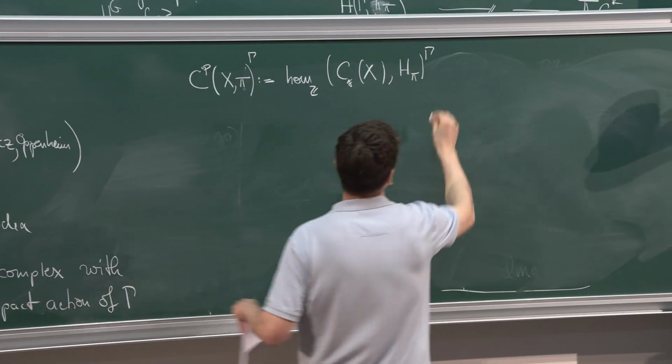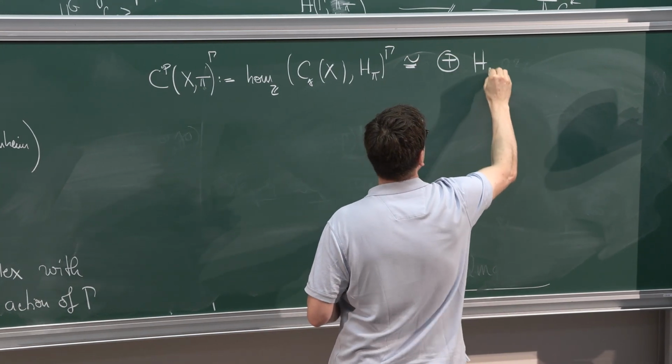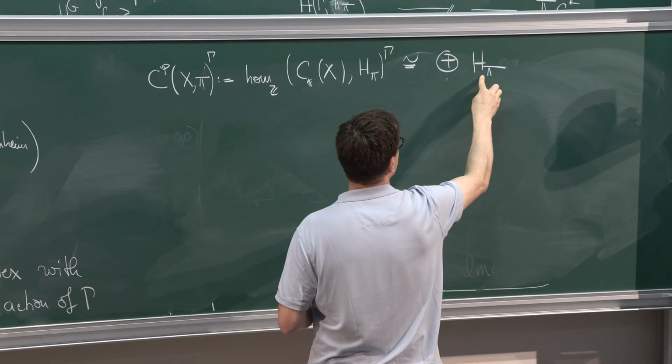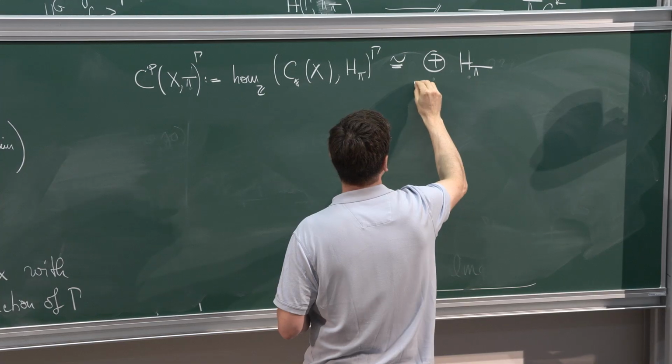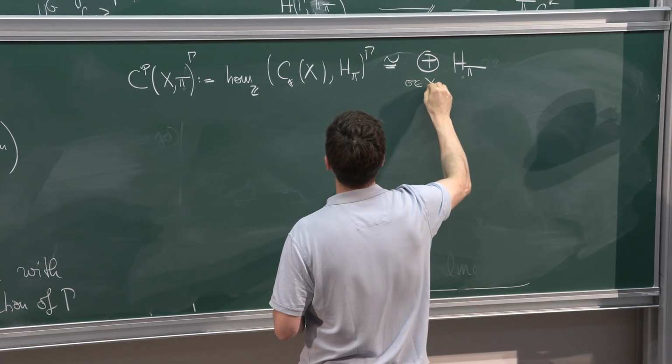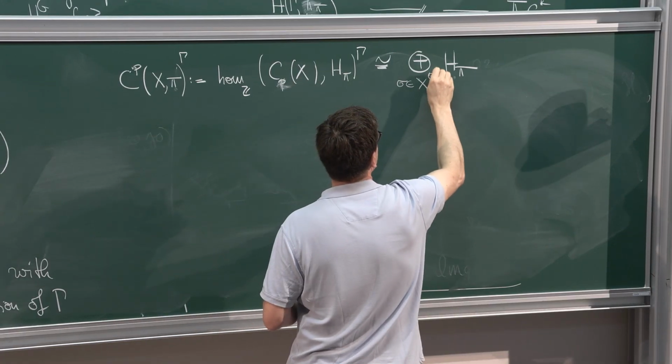And if we have a free action, then this was just, as we've seen, a finite number of copies of the Hilbert space. And how many copies? Well, depending on how many cells I have in degree p here.